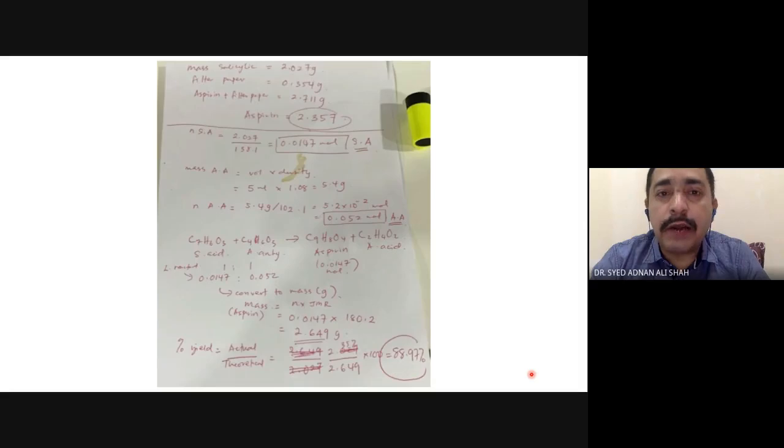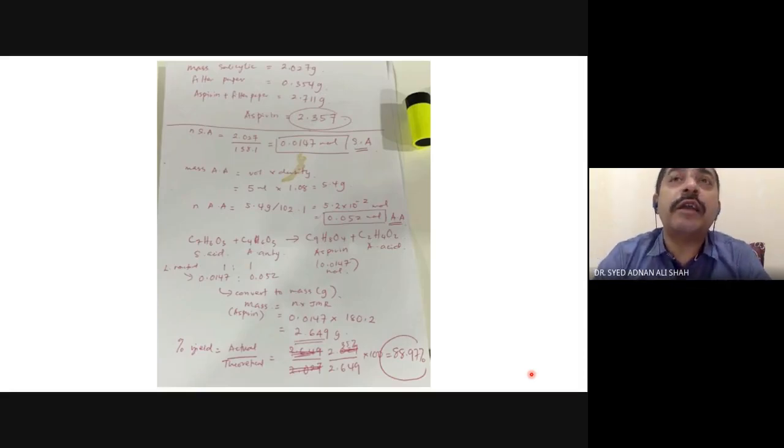Generally the melting point range in case of aspirin, if I am not mistaken, is 130 to 138, right? And the melting point of salicylic acid is, if I'm not wrong, maybe 155 to 157. So you can see the shifting of the melting point.